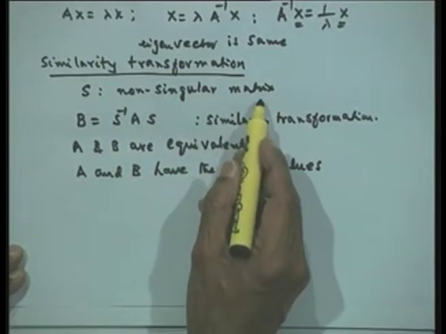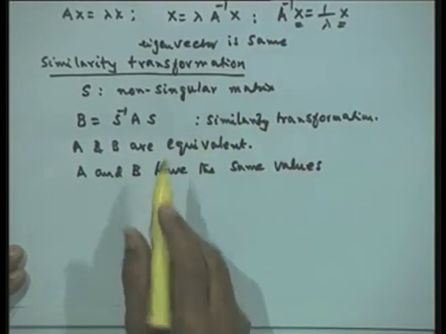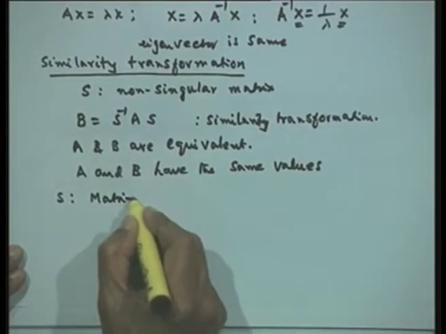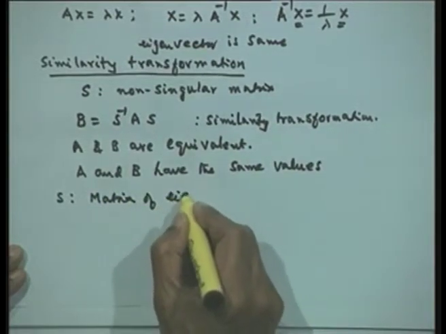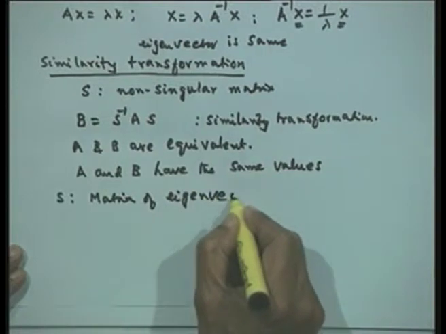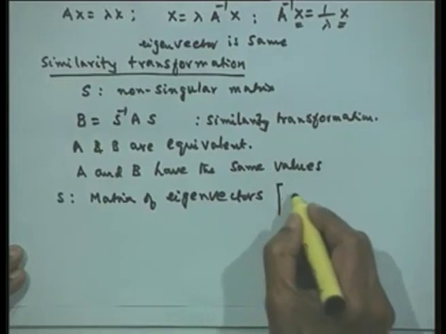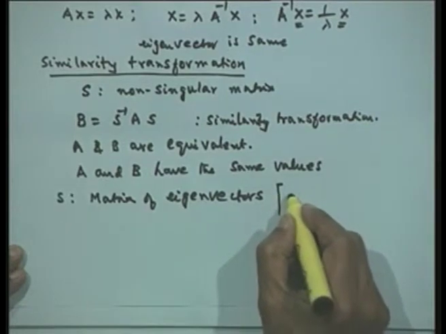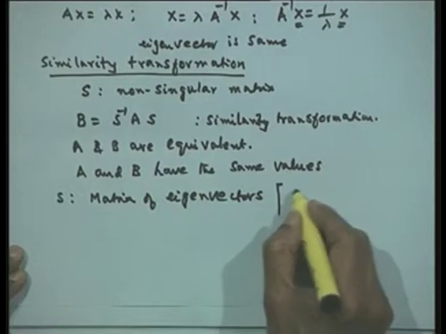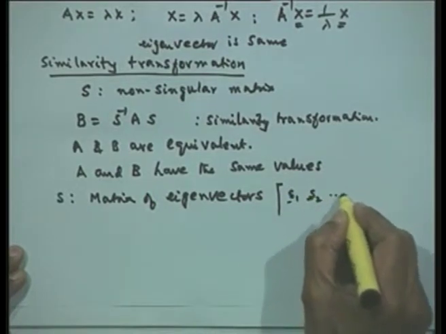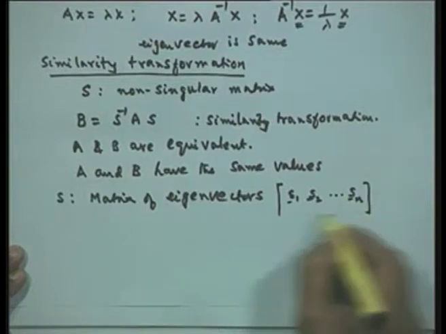Now, the second property: we picked S as any non-singular matrix. Let us suppose that S is the matrix of eigenvectors, with column vectors S1, S2, up to Sn.